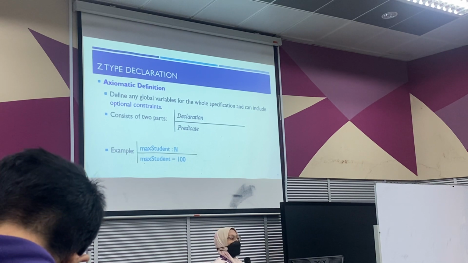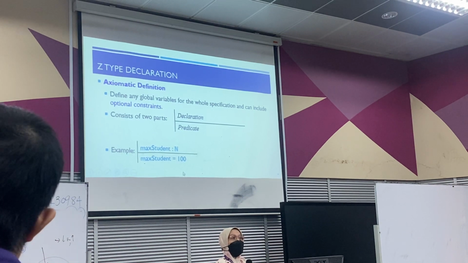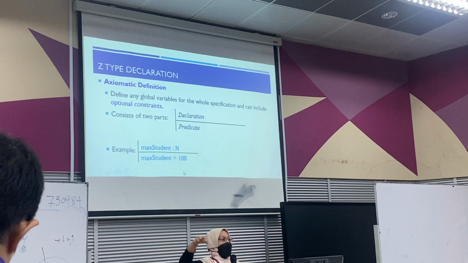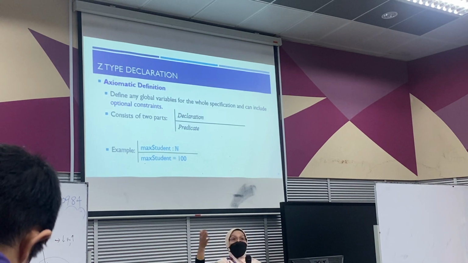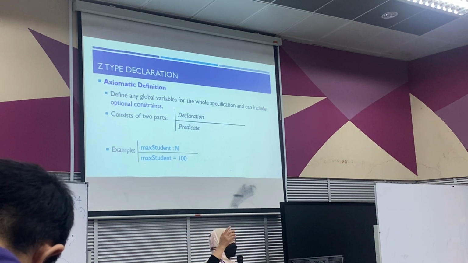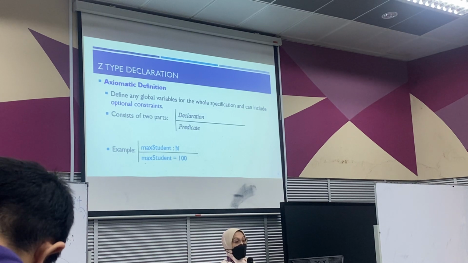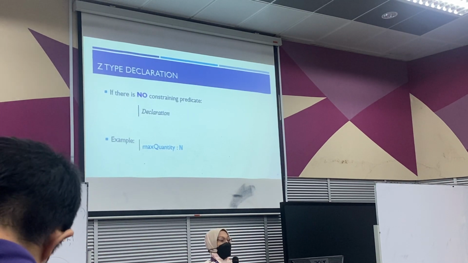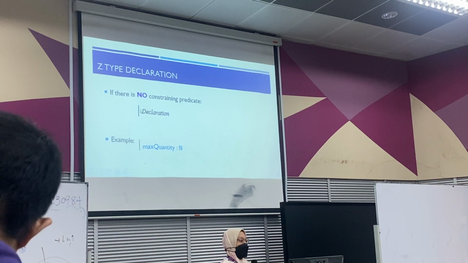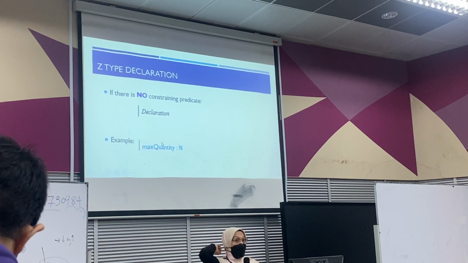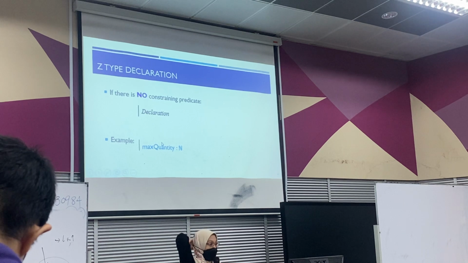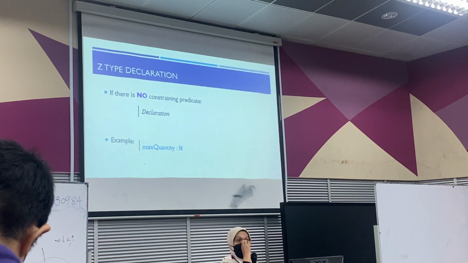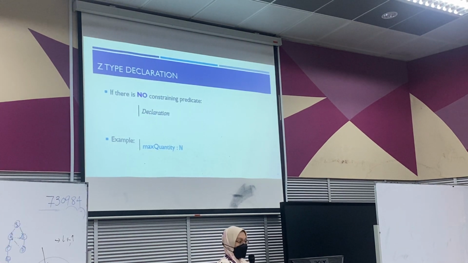So you don't want this value, because if you put 100, every room will have 100, but you may have different sizes, right? So you can have an axiomatic definition where you have only the declaration and don't have the below part. This is what we call without constraint.